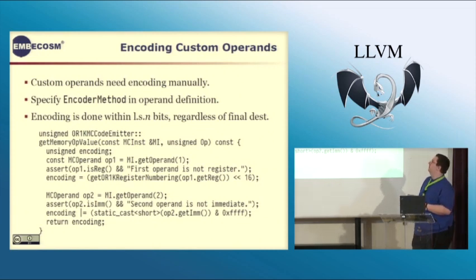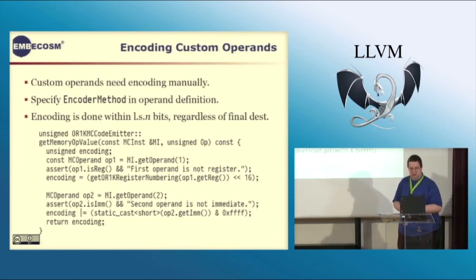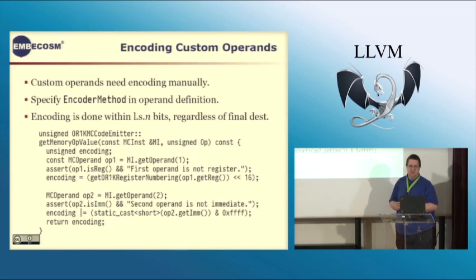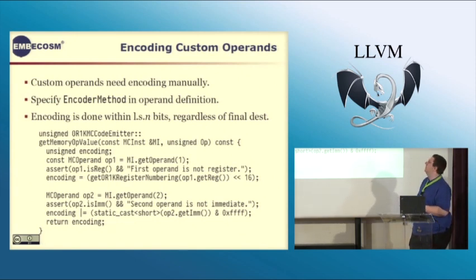So you would take your register, shift it the number of bits you want, OR it with your immediate, and return an encoding which is then put into your instruction. Now for testing these, the same llvm-mc can run the same thing for you: you put in every instruction you've got, hand assemble them, and check that the output is correct, and all being well it is.